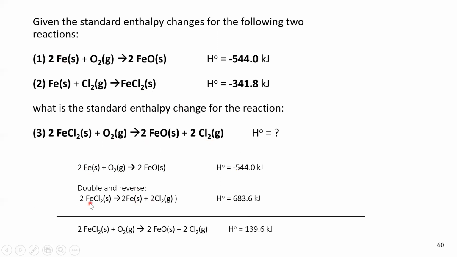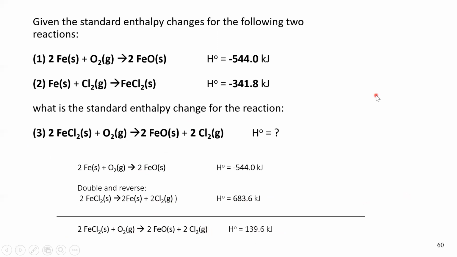So we've got 2 FeCl2 plus O2 yields 2 FeO plus 2 Cl2. So we manipulated these equations so they add up to what we're looking for. We're just going to add these numbers up, and that's going to tell us the energy associated with this reaction. And again, once we know this number, we could go back and do a stoichiometry problem on that.